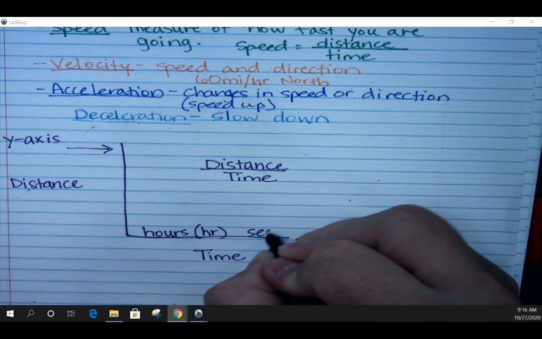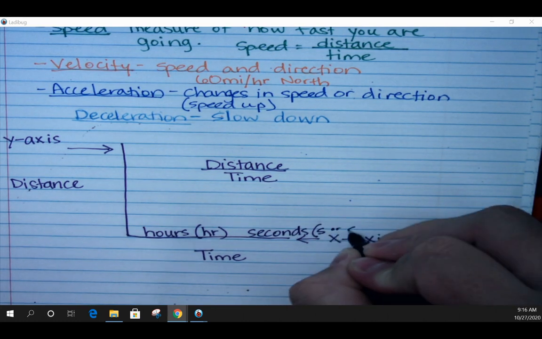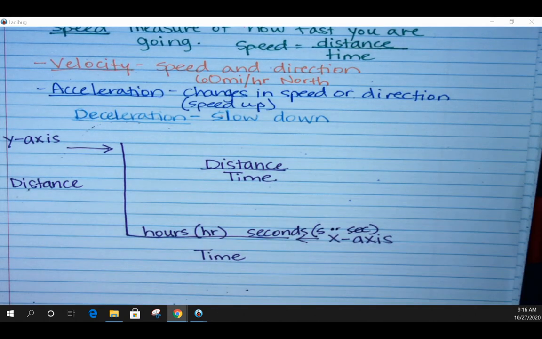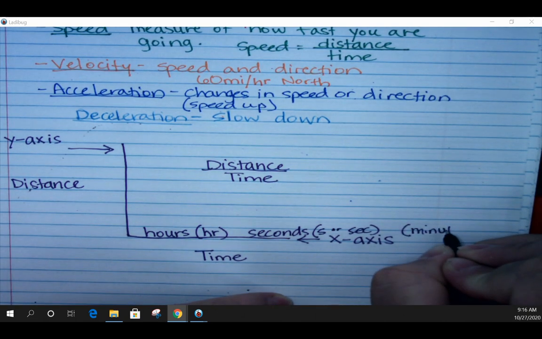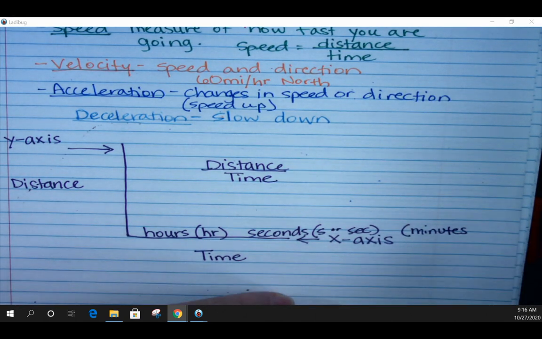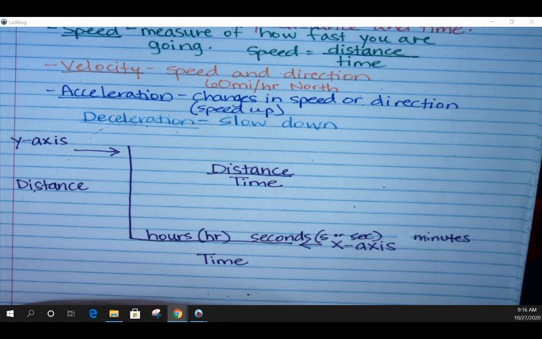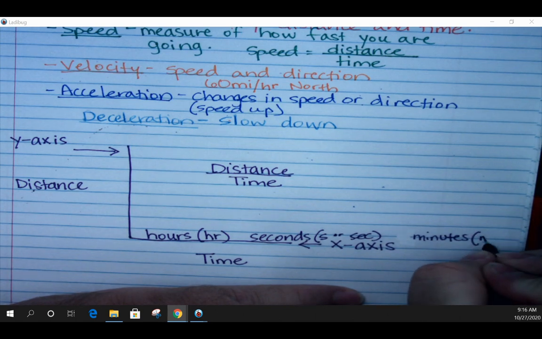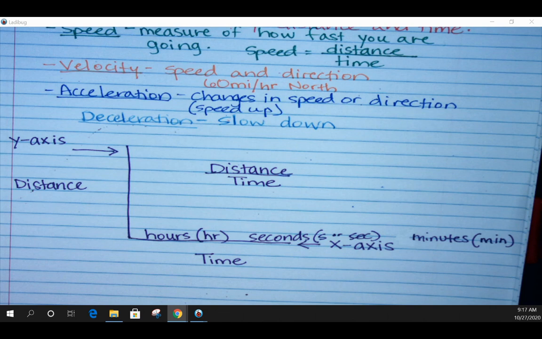Seconds, which they put S, but I put SEC a lot of times. Minutes, MIN. We usually do hours, minutes, or seconds.